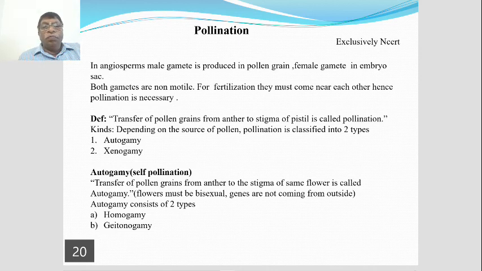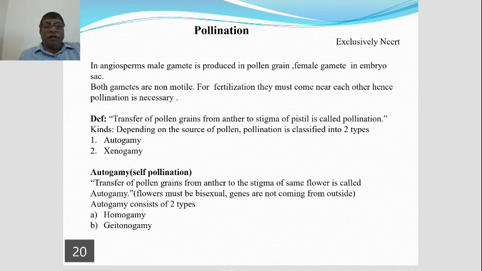In angiosperms, both the male and female gametes are non-motile. For fertilization, they must come nearer to each other.